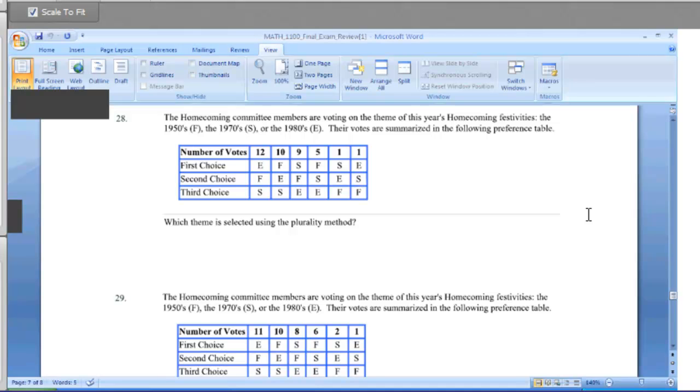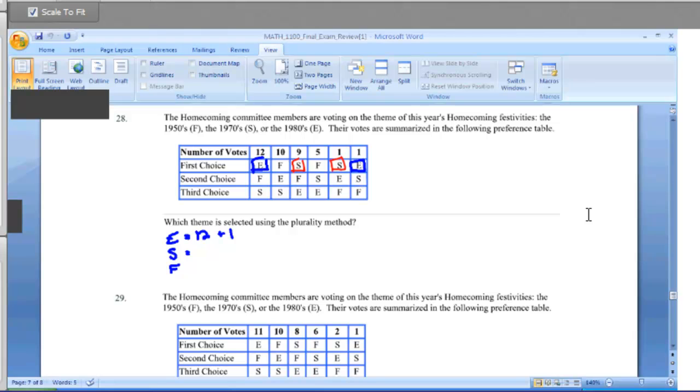So we're looking at the 80s, the 70s, and the 50s. So we go through and we see that there's 12 that voted for the 80s first in the first column. And then in the last column, we have 1 more vote that selected the 80s first. Then let's see how many students voted for the 70s.